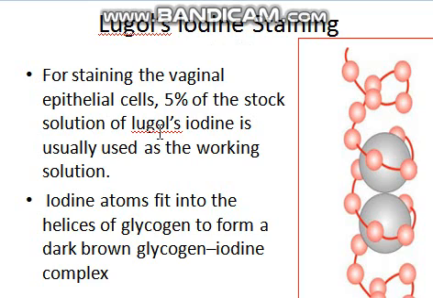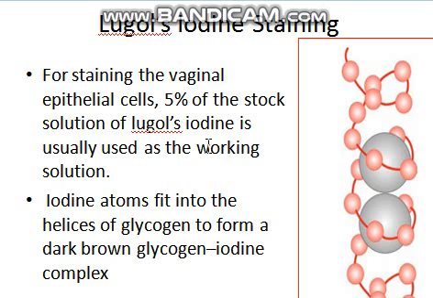What happens when you react Lugol's iodine reagent with glycogen? As it has a helix structure, that is, the branching is there, the iodine atoms get fixed within the branching of the glycogen to form a dark brown structure. So iodine reacts with the intracellular glycogen to exhibit a brown color.